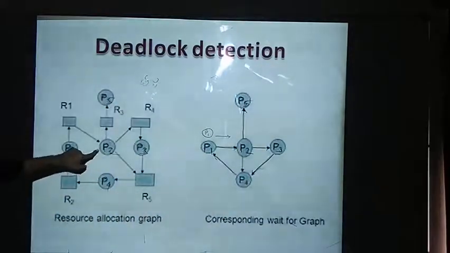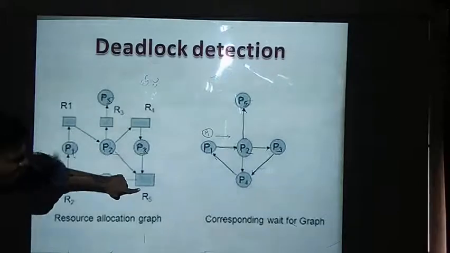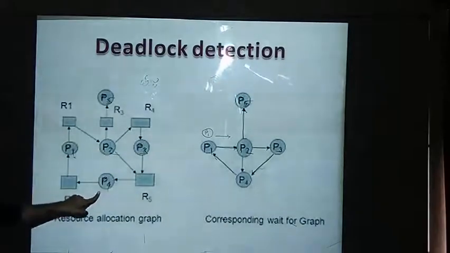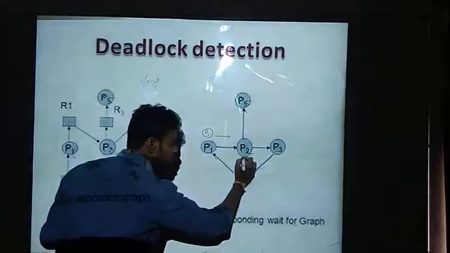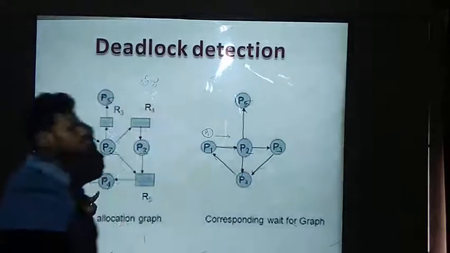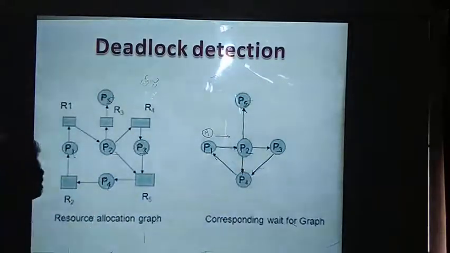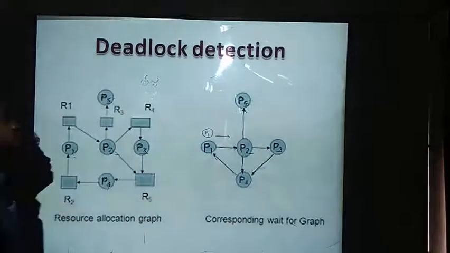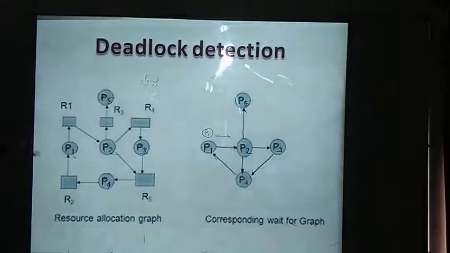And again P2 in turn is waiting for R5, which is already given to P4, so P2 is also waiting for P4. Here you can observe that we are forming a cycle in the wait-for graph, so we can clearly say a deadlock situation is there in your processes.